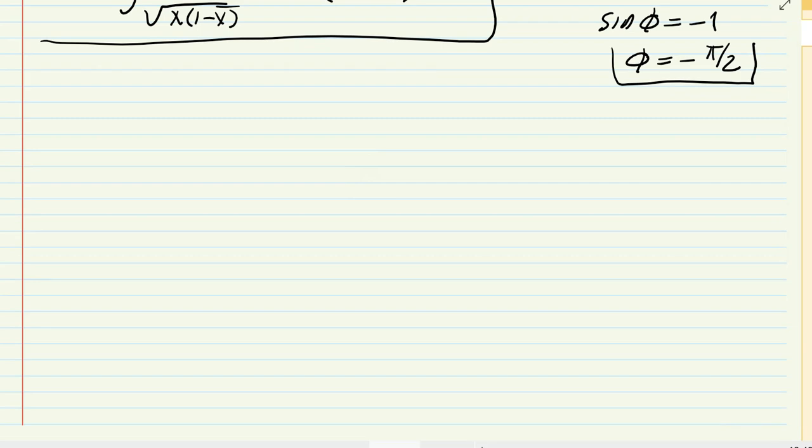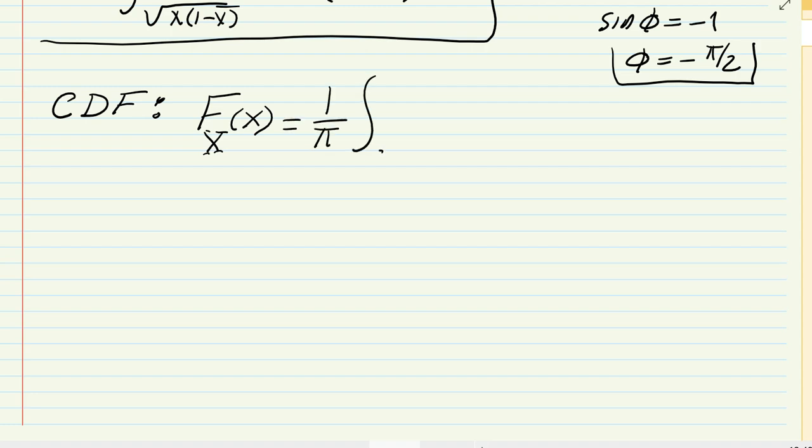The CDF, cumulative distribution function, by definition is F of x, and that is accumulated over the domain from the lower limit up to some arbitrary x value within the domain. So here x lies between 0 and 1, of the PDF, the density function, 1 over pi times the square root of t times 1 minus t.